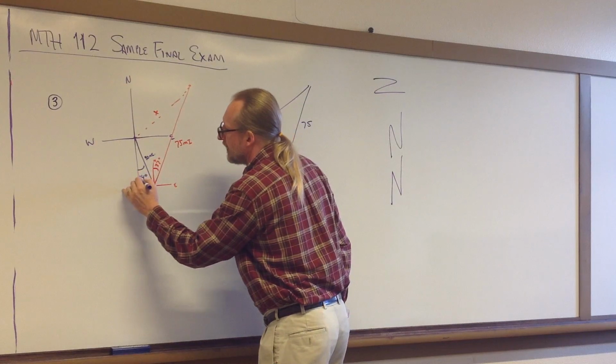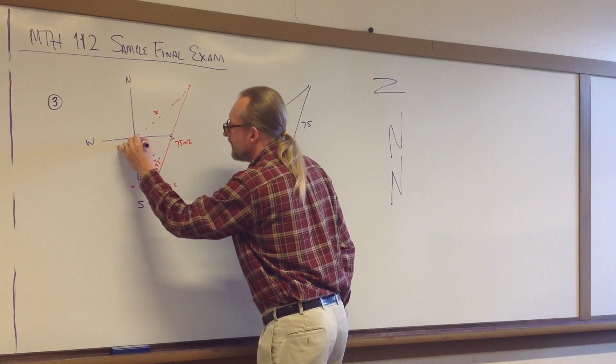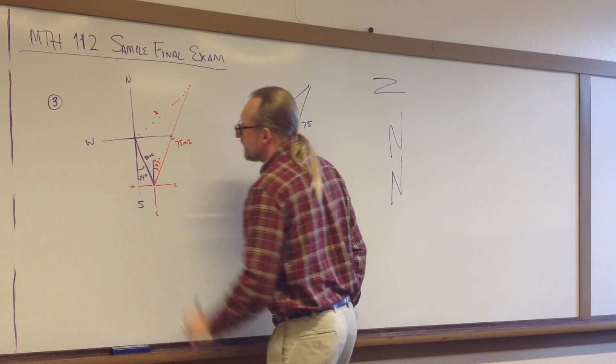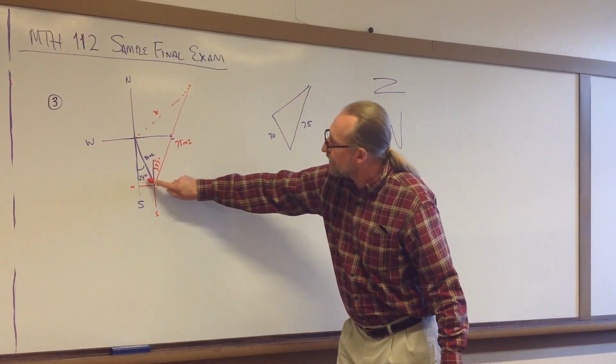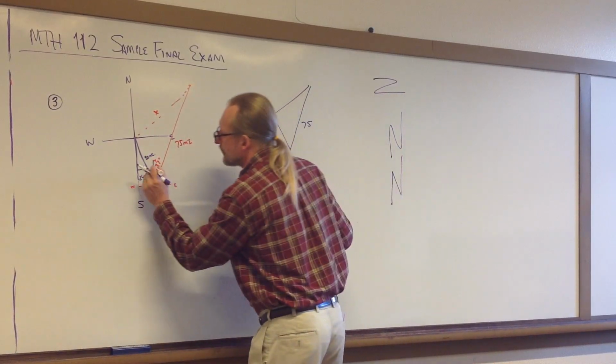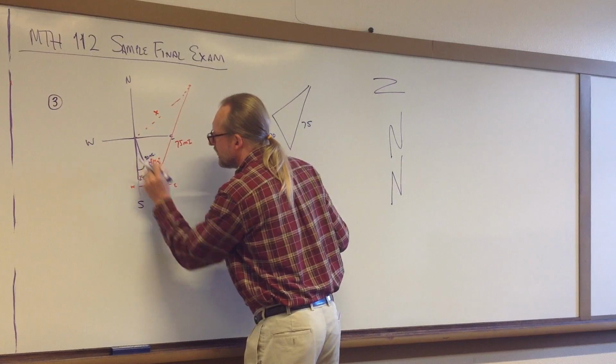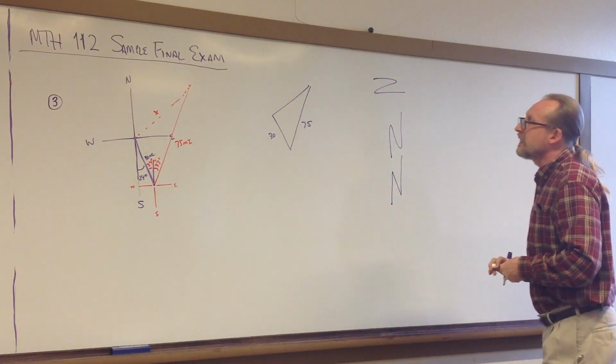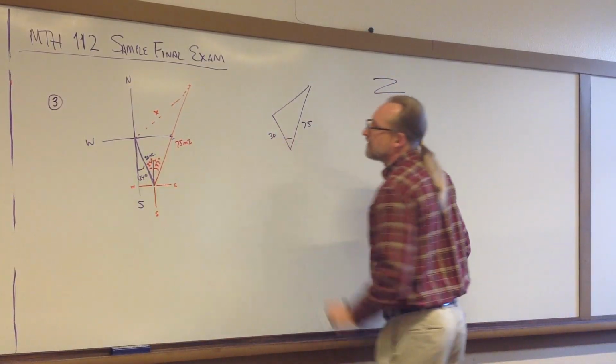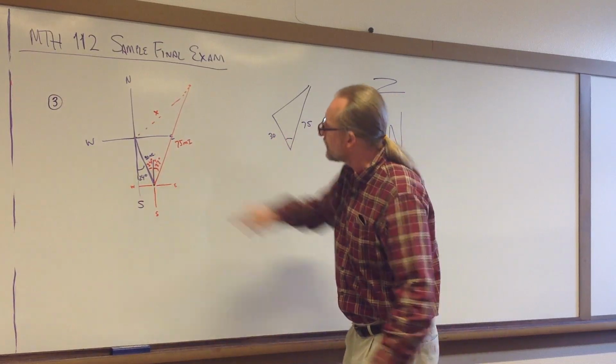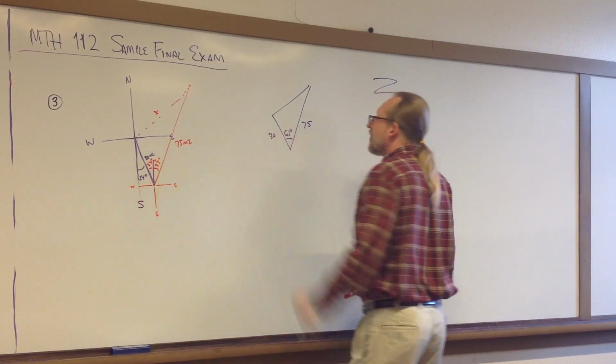Now it's in two different colors, so I don't know if that makes it harder to see, but there's the Z right there, which means that if this is 24 degrees, so is this one in here. They're alternate interior angles. So that says that this angle in the triangle now is 61 degrees.